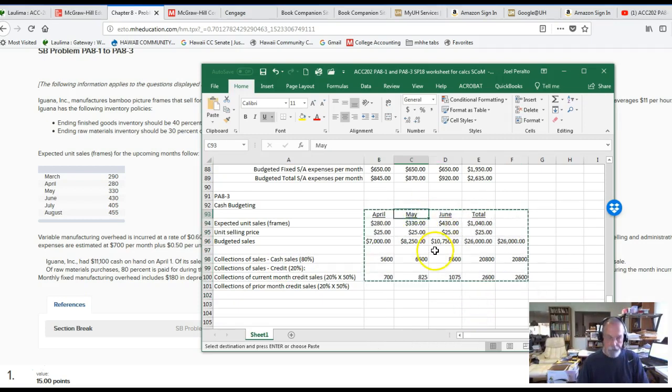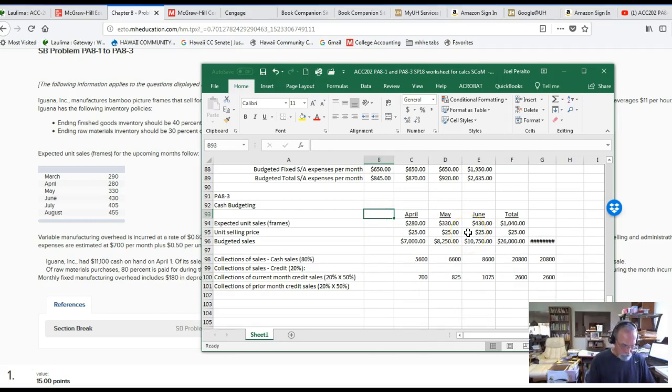So let's move this over a bit so we can put March in here. And we're also gonna need July. Oh, will we need July? No, we shouldn't need July because we are collecting prior month credit sales. So our prior month credit unit sales is 290.